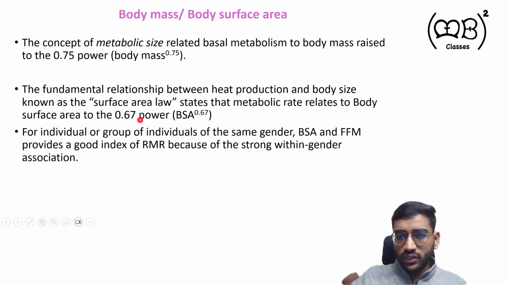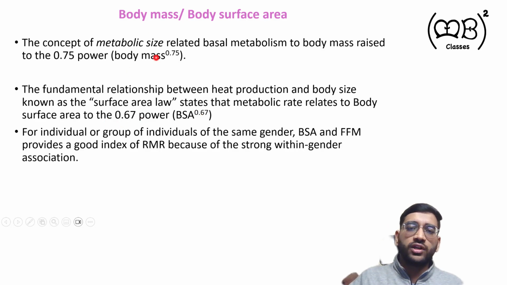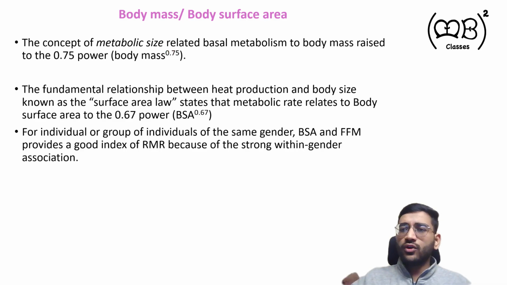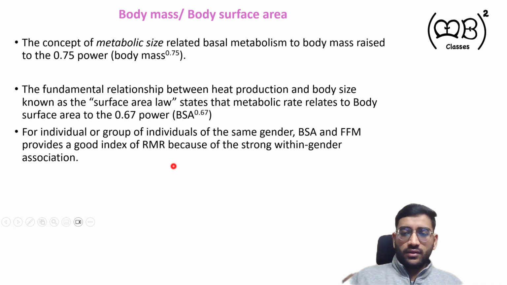So the heat production and body size, which is the body surface area, has a fundamental relationship, which is to the power of 0.67, and also the body mass has a relationship with the basal metabolism with the power of 0.75. So if we want to compare a group of individuals, body surface area and fat-free mass provides a good index because of the strong within gender association.